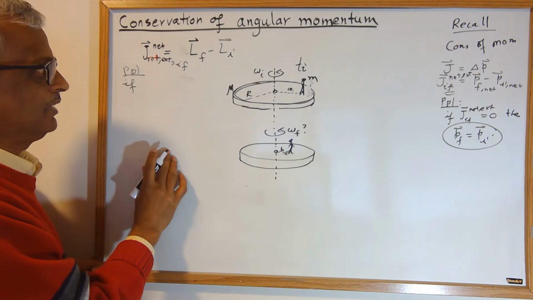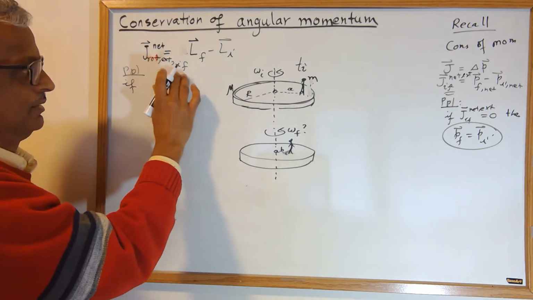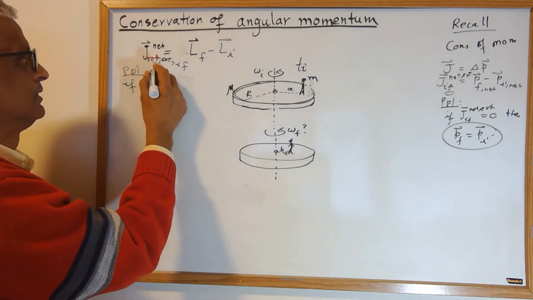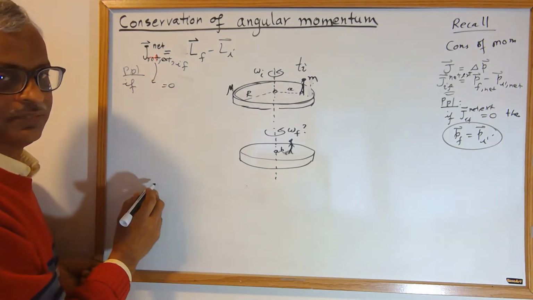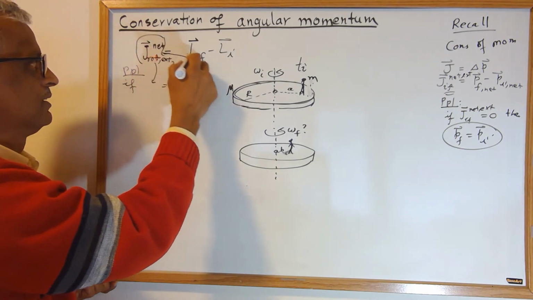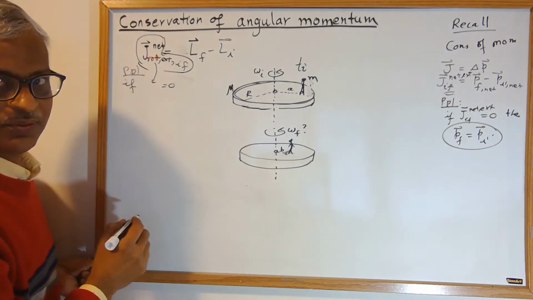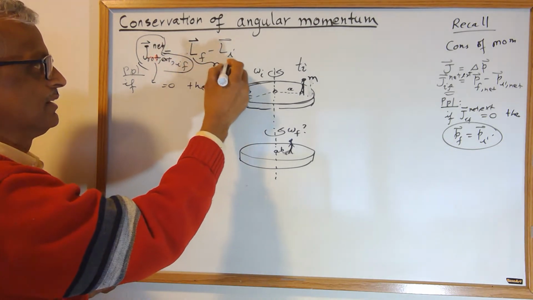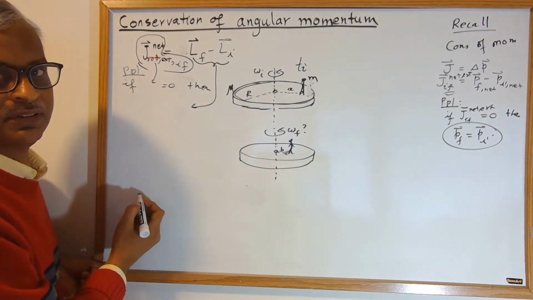So I can think of a period between Ti and Tf. If this is equal to zero, this left side, which has to do with forces and torques, then obviously the right side has to be zero too.